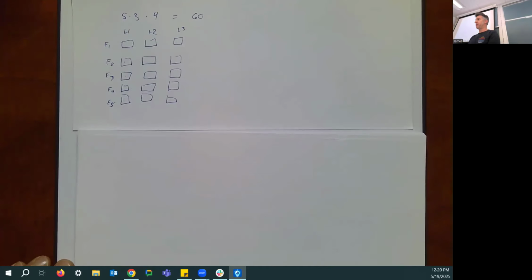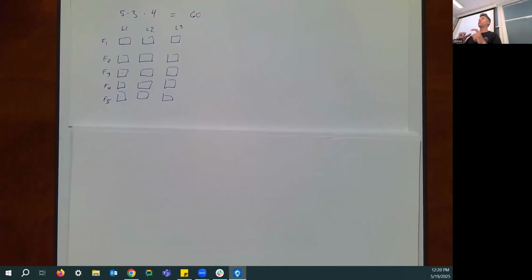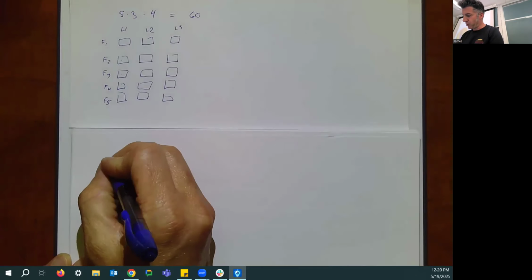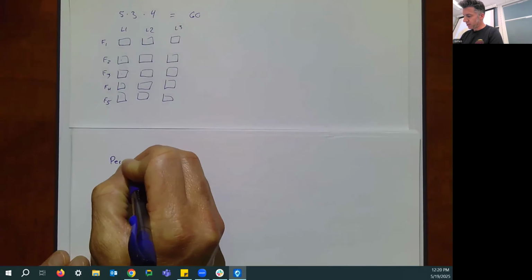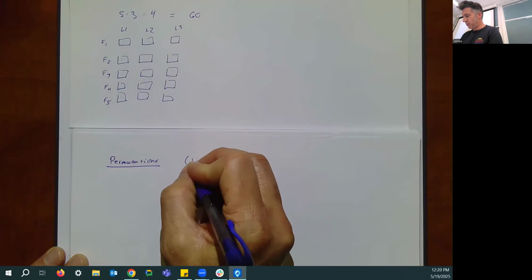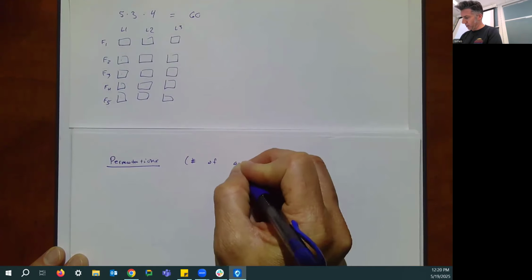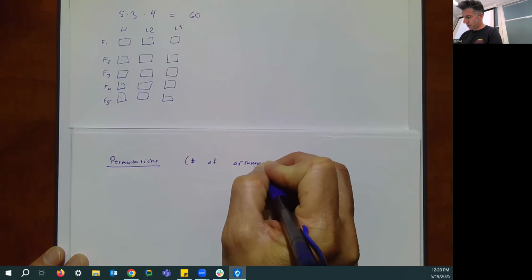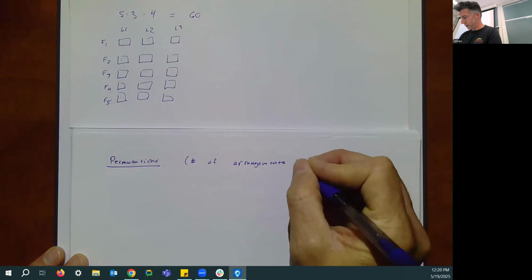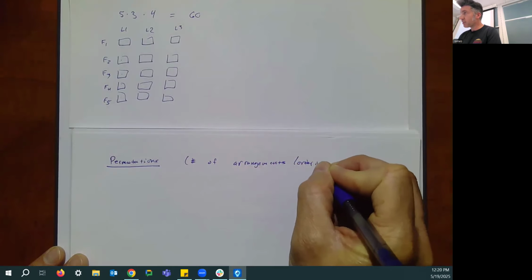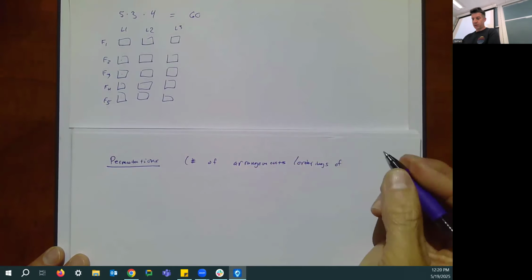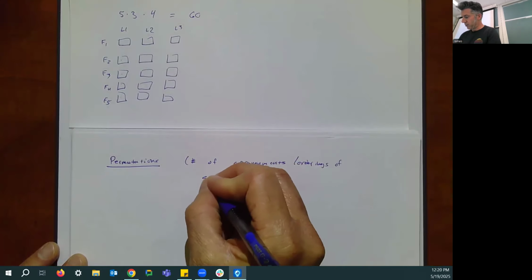The bigger concepts, I think, are the ideas of permutations versus combinations. So, permutations are the number of arrangements or orderings of some number of items.